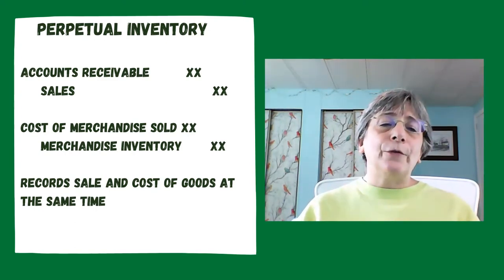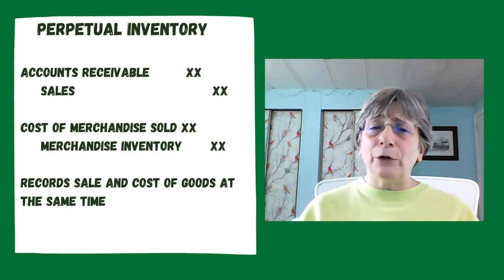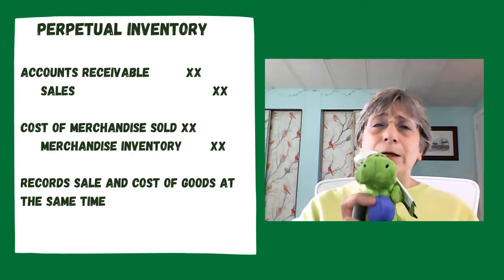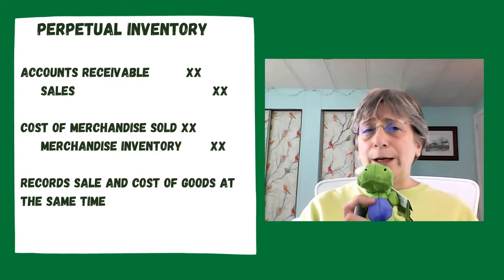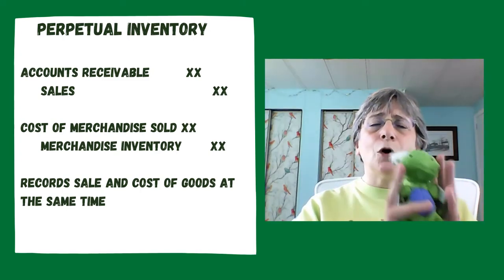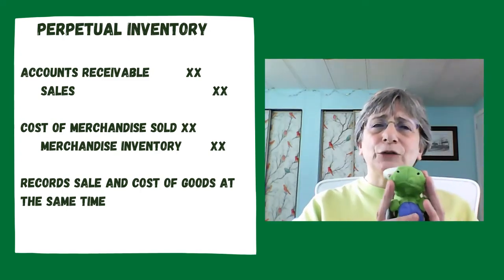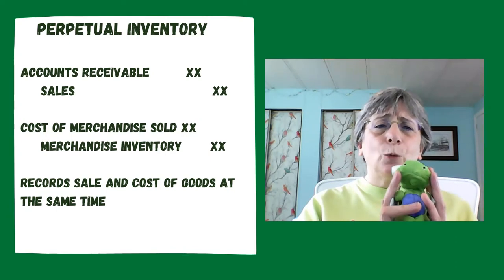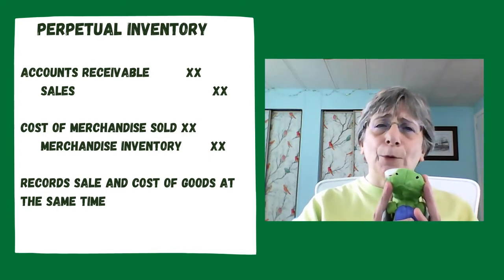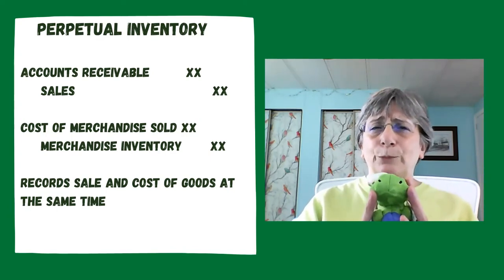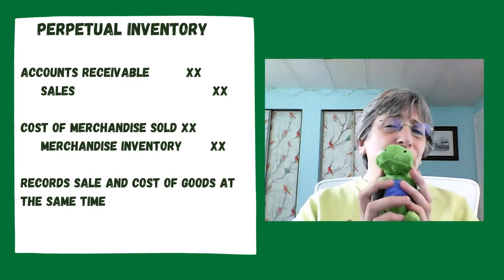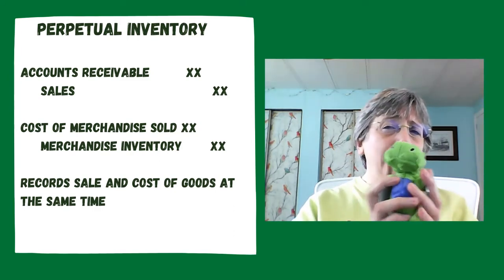Now also, under perpetual inventory, this cost is sitting in our merchandise inventory account because when we purchase things, it all goes into merchandise inventory. When we buy this, we are going to debit our merchandise inventory. We're going to credit accounts payable or cash. So once we sell this particular little guy right here, there he goes.